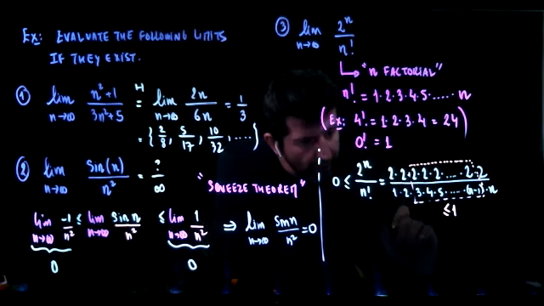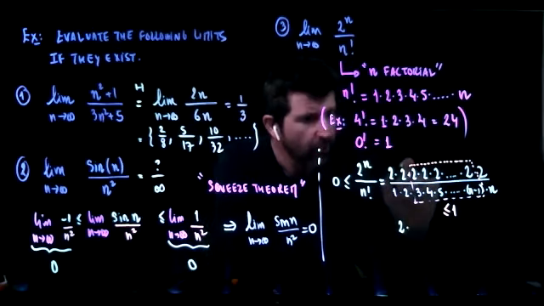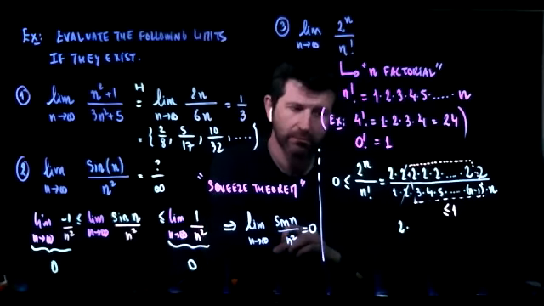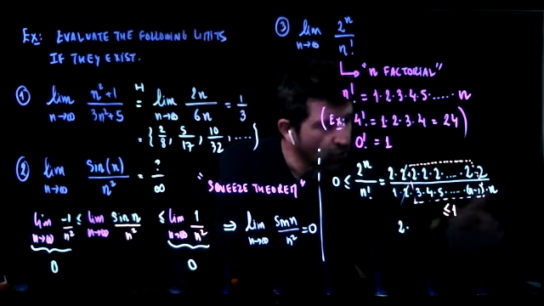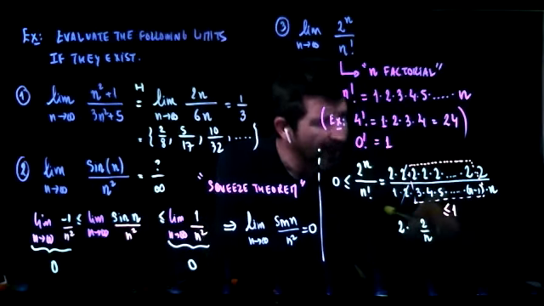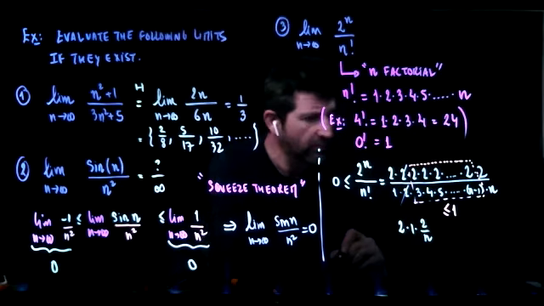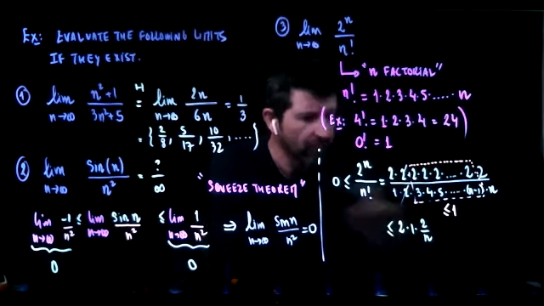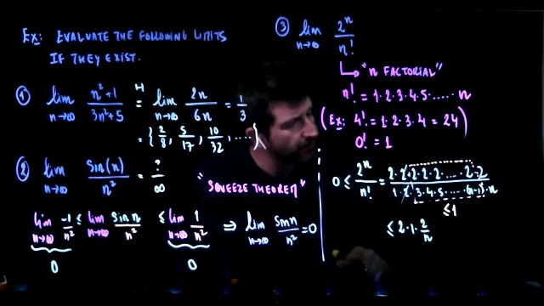So what do I have? 2 times, well, this is out, and this is 2 over n. And if instead of writing this big orange thing, I write 1, then I'm going to get something bigger, because 1 is bigger than this orange thing.